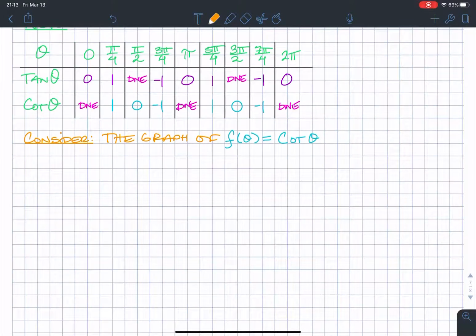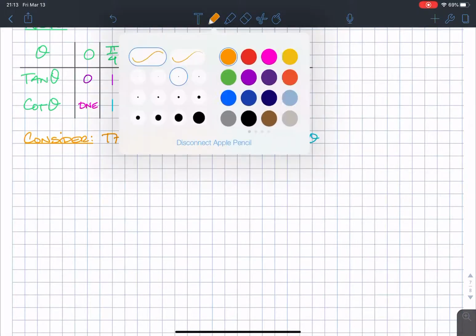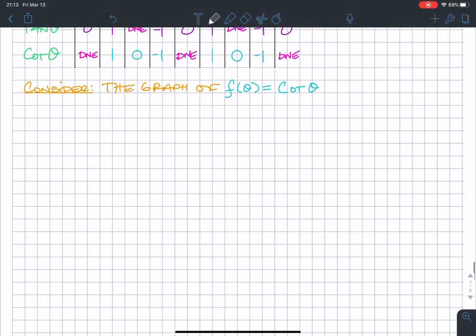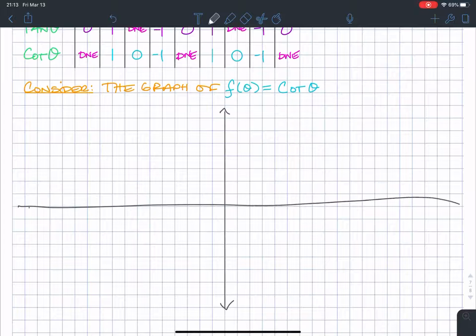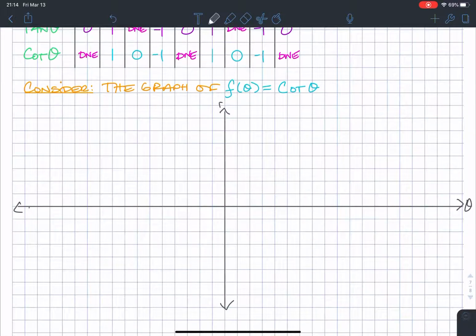Theta versus f of theta coordinate axes. Let's break the horizontal axis into 4 parts, so we have 4 quadrants going to the right and 4 quadrants going to the left.